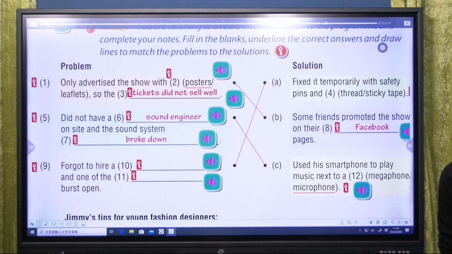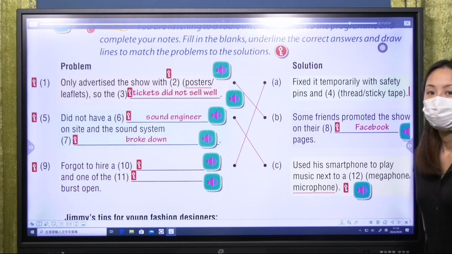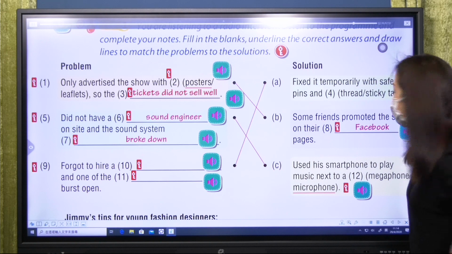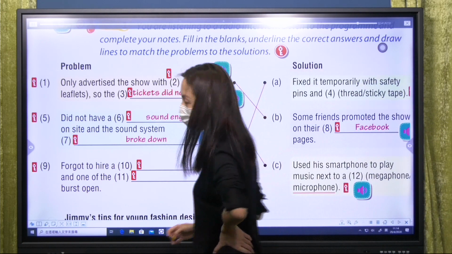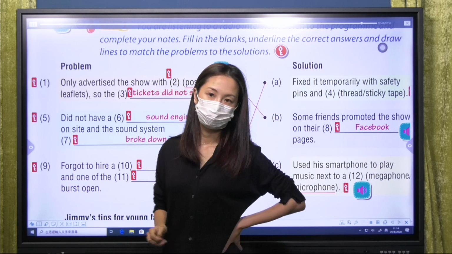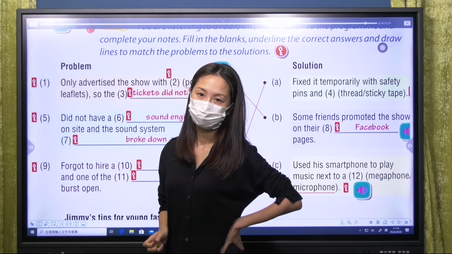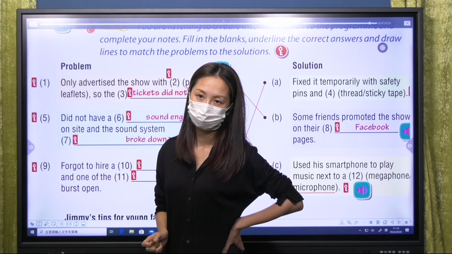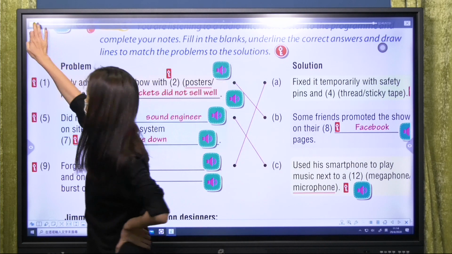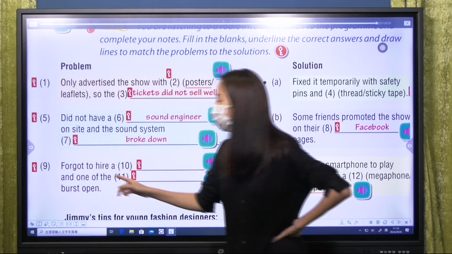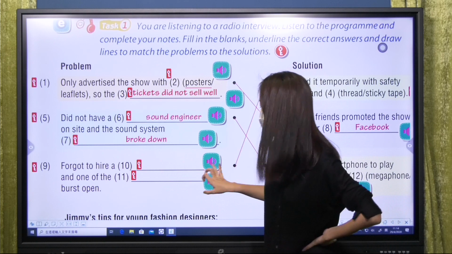Unluckily, one of the dresses burst open. There was a big hole in it. Nobody knew how to sew up the hole, so we had to fix it temporarily with safety pins and sticky tape. If you can't afford a tailor, at least have a sewing kit ready at all times. Thanks for the sharing, Jimmy. Next.